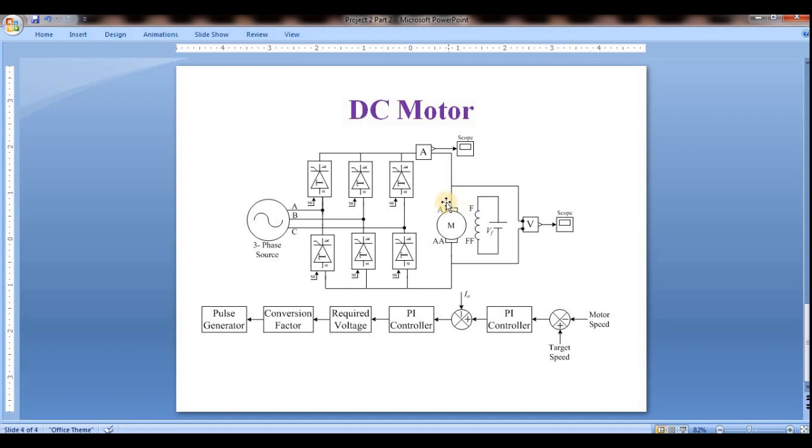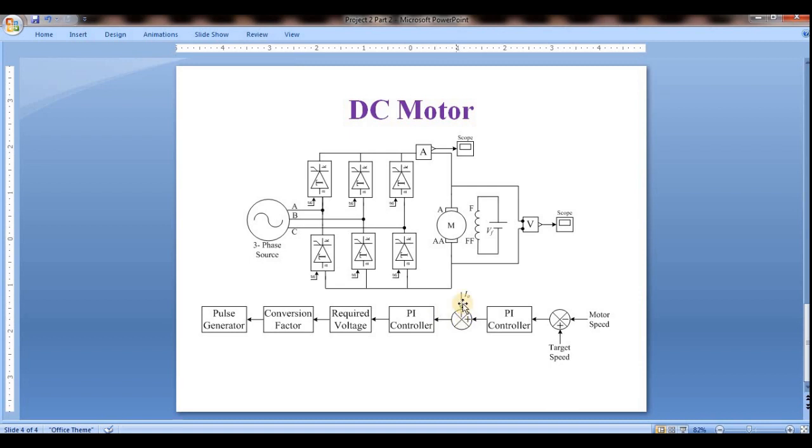But in that case also I want to go at the same 40 kilometers per hour. So whatever the changes in the torque, I want to maintain the constant speed of the motor, and at the same time whatever the torque on the motor, I have to maintain it with different values of the speed. So this IA I have to consider, because the torque depends on IA and speed depends on VA.